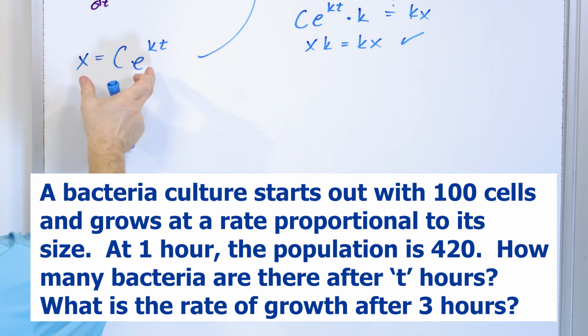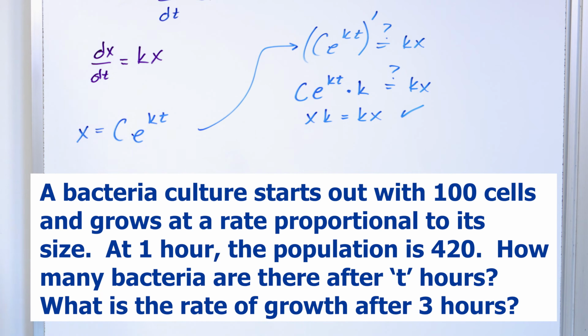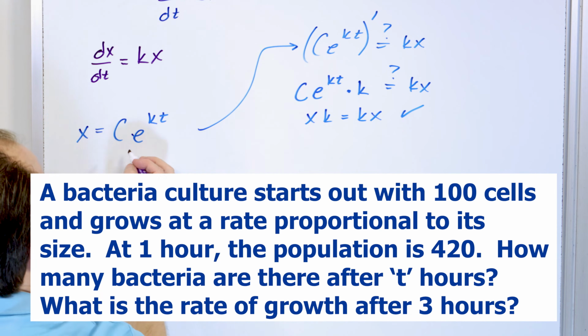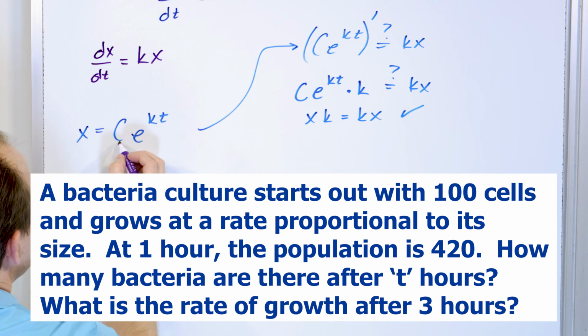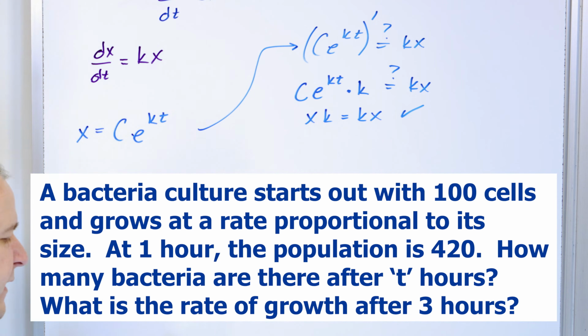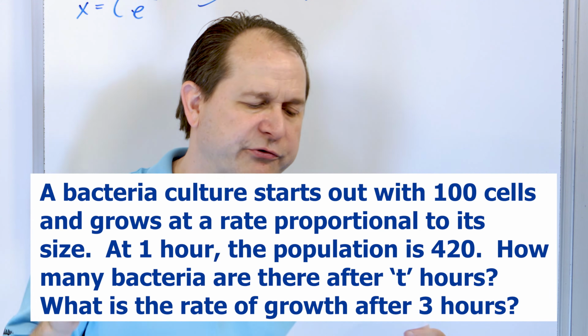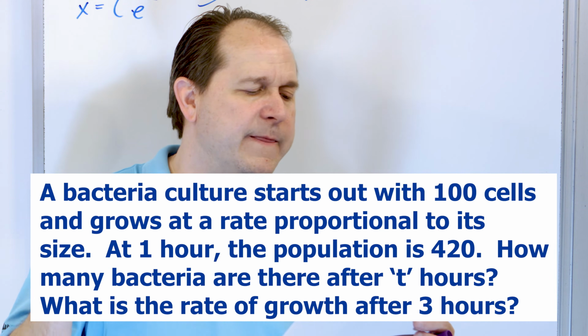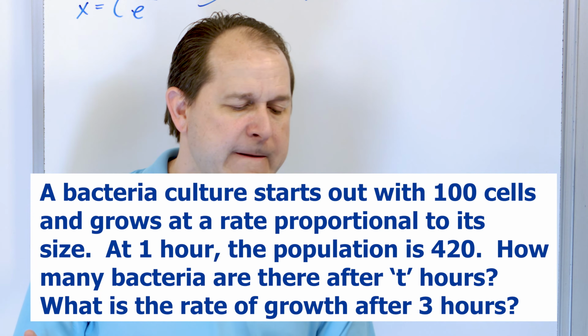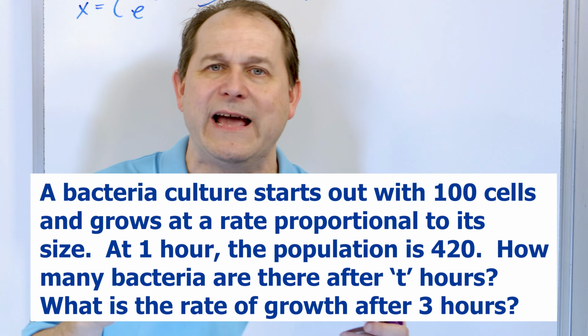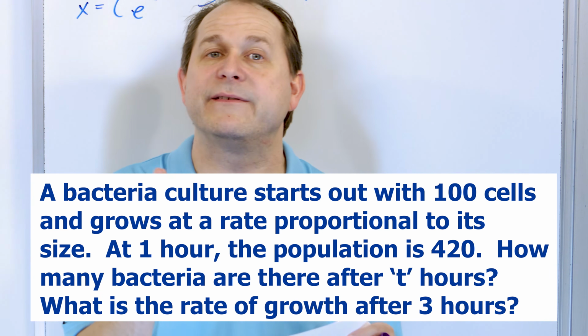We now know that this is the solution. However, we have a constant sitting out in the front, and we're told the bacteria starts out with 100 cells and it grows at a rate proportional to its size. After 1 hour, the population's increased to 420. But backing up for a second, what happens at 0 hours?